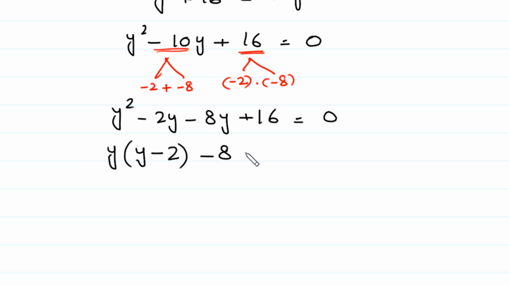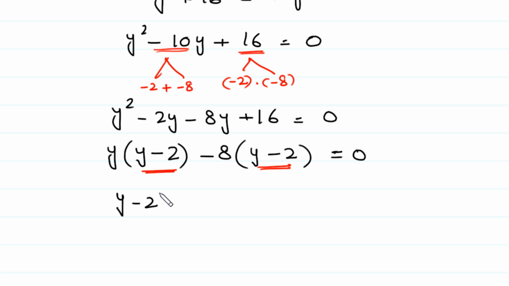Minus 8 as common, and in bracket we get, when we divide this minus 8y by this minus 8, we get y. And when we divide this plus 16 by this minus 8, we get minus 2 is equal to 0.